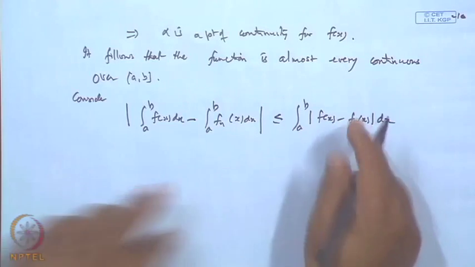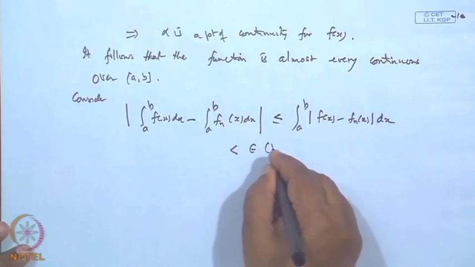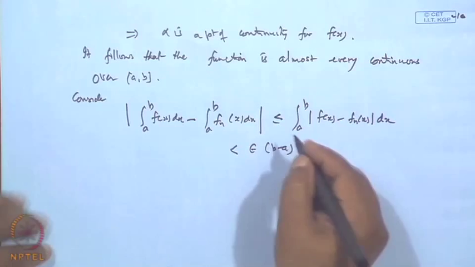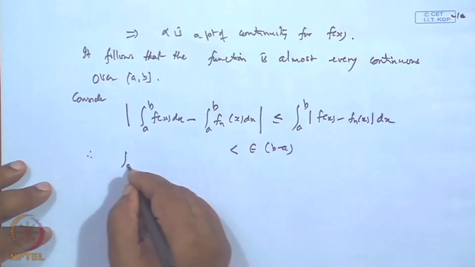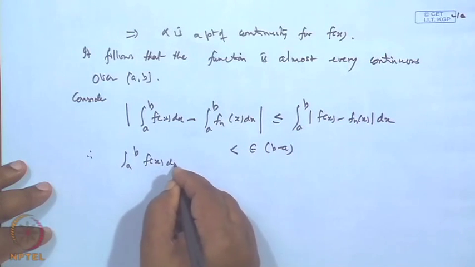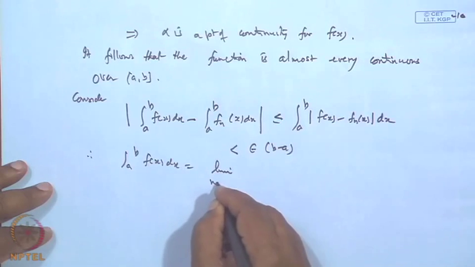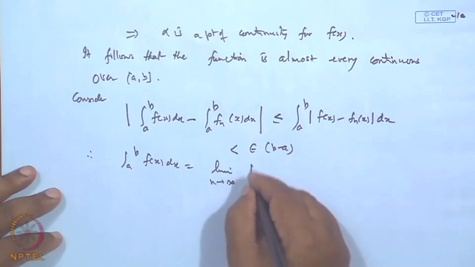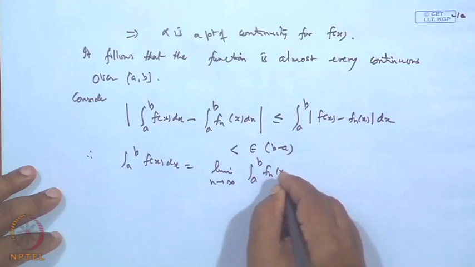But this is less than epsilon. So, it is less than epsilon into b minus a, and hence the integral a to b f x dx is the limit, as n tends to infinity, of the integral a to b f n x dx.